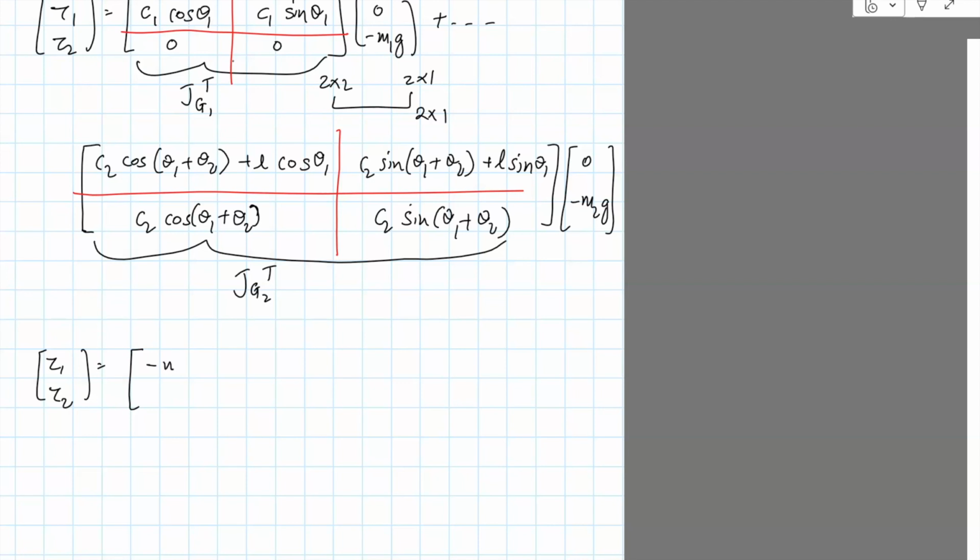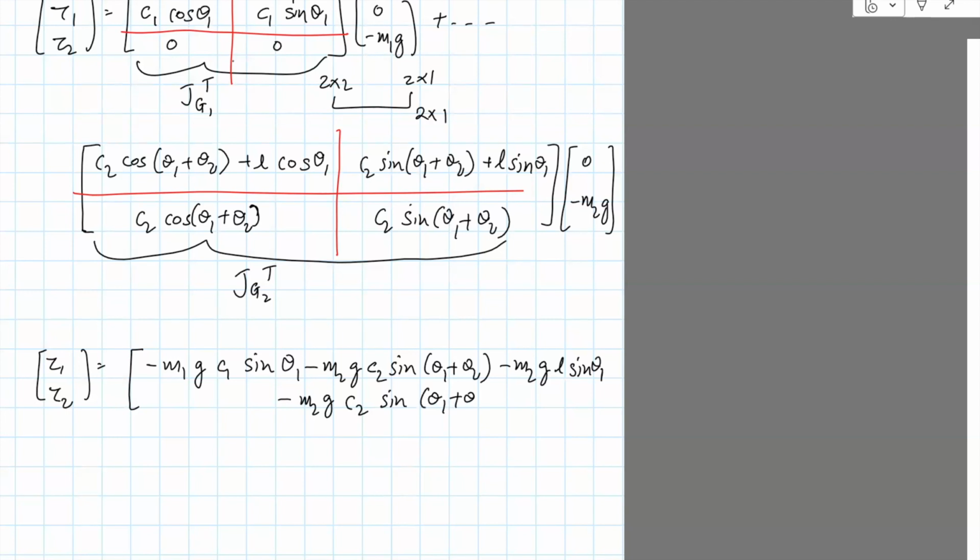So the answer would be minus m1g c1 sine theta 1 minus m2g c2 sine of theta 1 plus theta 2 minus m2g l sine theta 1, and then second row, minus m2g c2 sine of theta 1 plus theta 2.